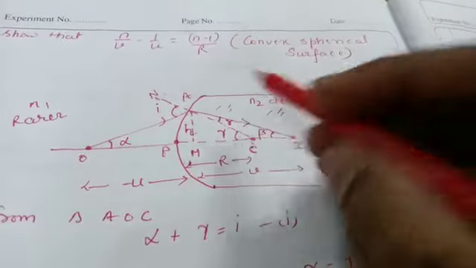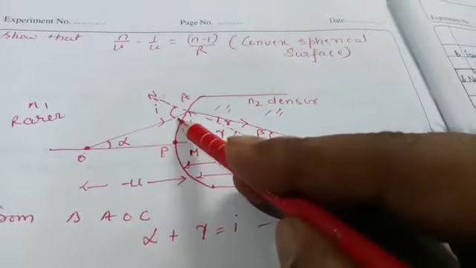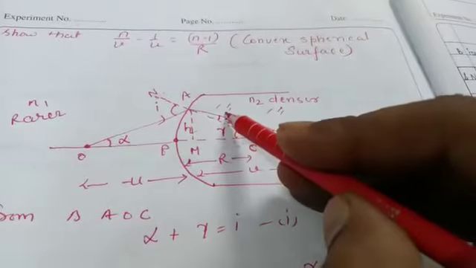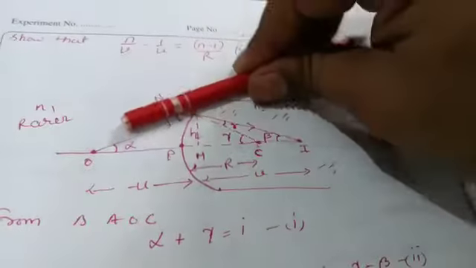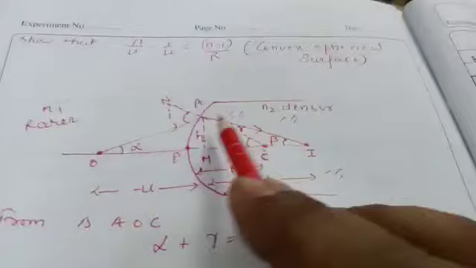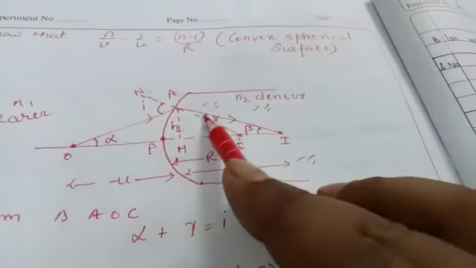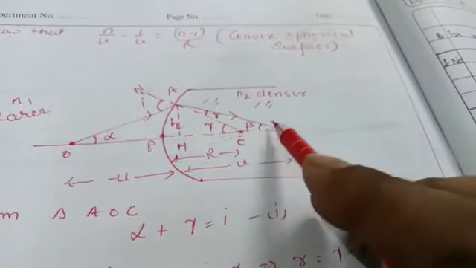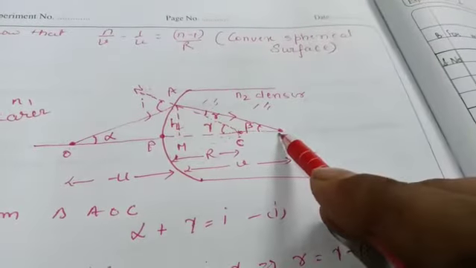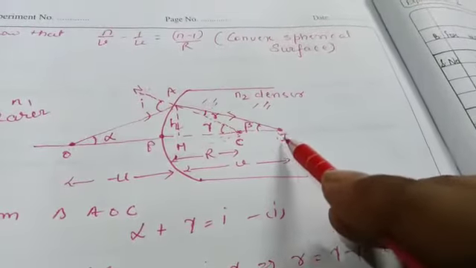Since light is in the rarer medium, when it goes into the denser medium it bends towards the normal. So this is the refracted ray that is bending towards the normal. After refraction, this light goes straight and cuts the principal axis at point I.